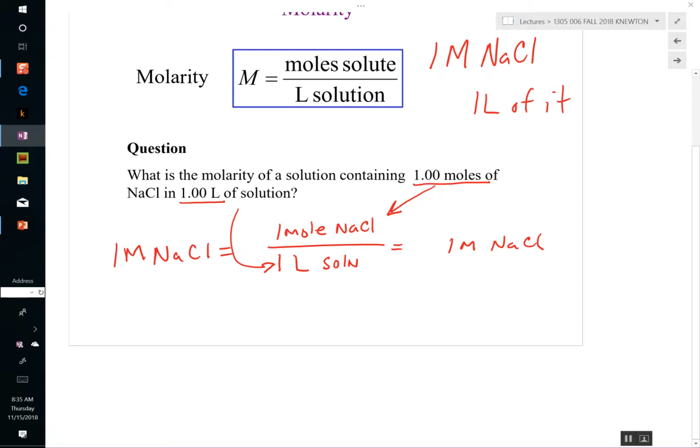I see Joel looking at the periodic table. That's good, it's a good reflex. Sodium chloride: 1 sodium is 22.99 grams per mole. 1 chloride is 35.45 grams per mole.